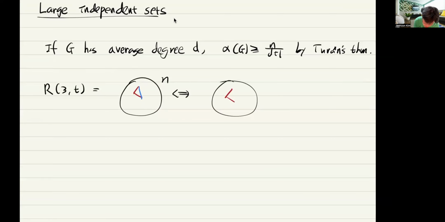So this corresponds to a triangle-free graph whose independence number is less than t.